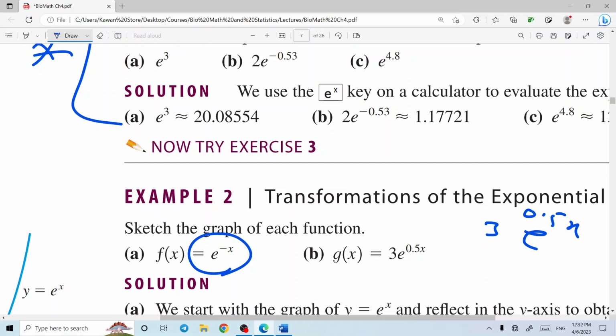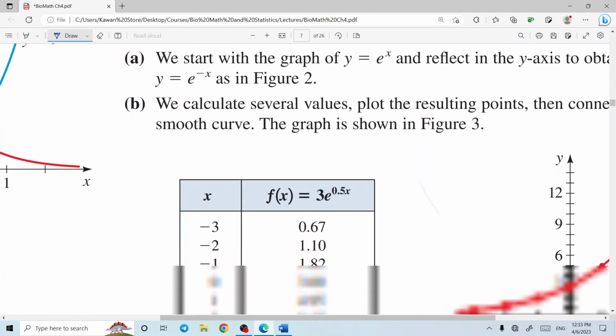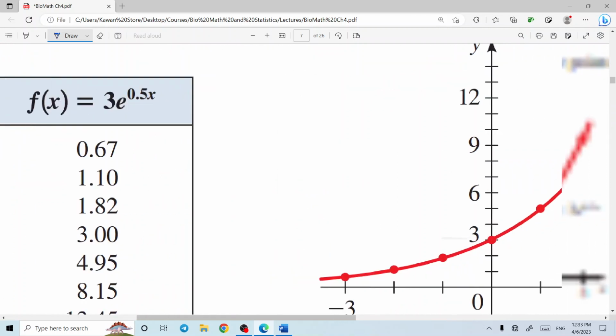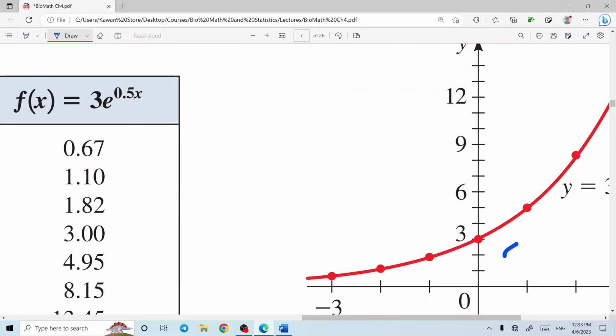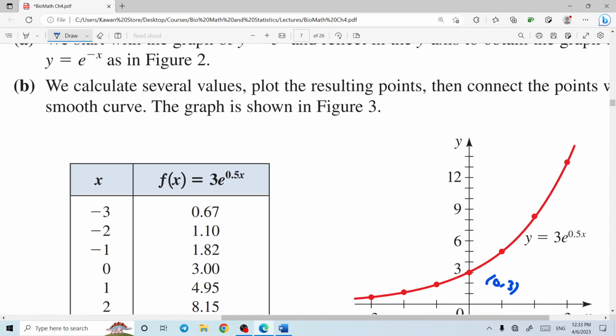Okay, let x be 0. So 3 times e to the power 0, which is 1. 3 by 1 is 3. So the intersection point will be at 0 and 3. Clear, dears?